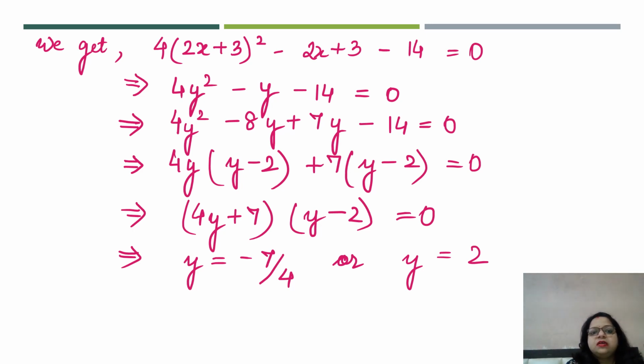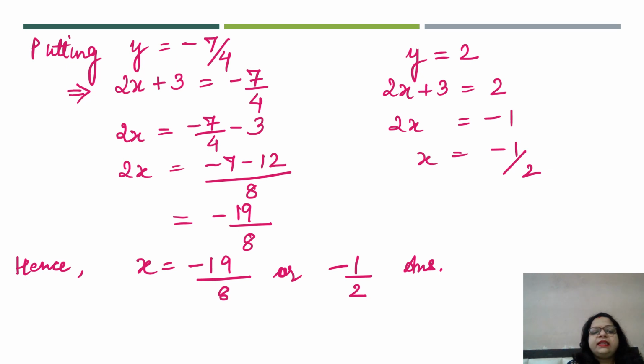So, continuing to the next slide, putting y is equal to minus 7 by 4. 2x plus 3 is equal to minus 7 by 4. So, we bring 4 to the next, 2x is equal to minus 7 by 4 minus 3. It will give you minus 7 minus 12 upon 8.